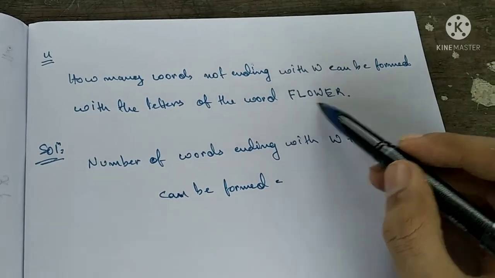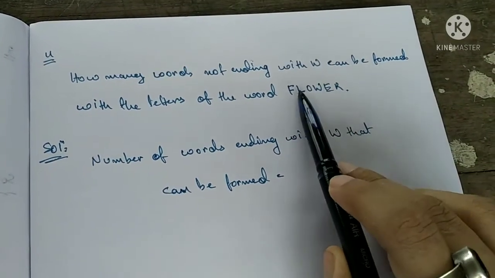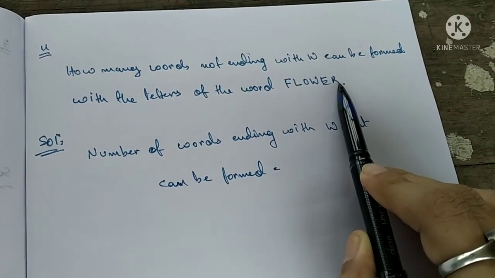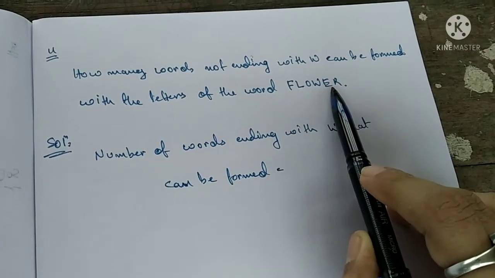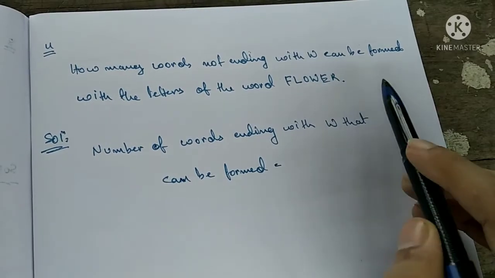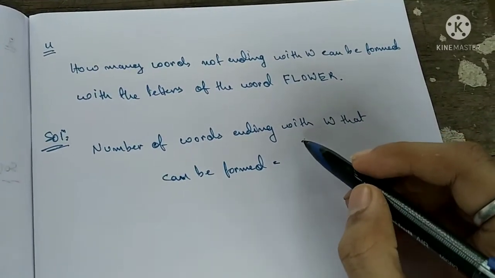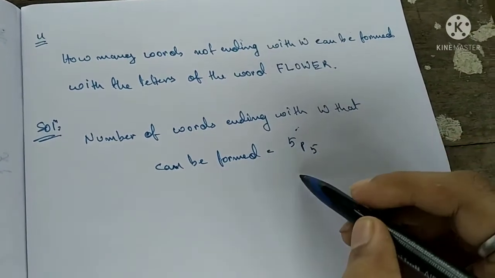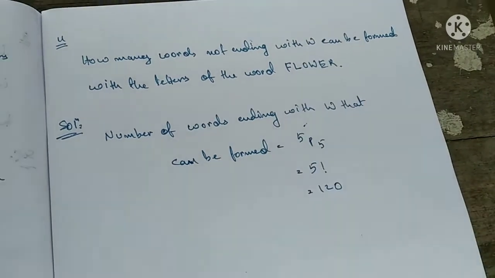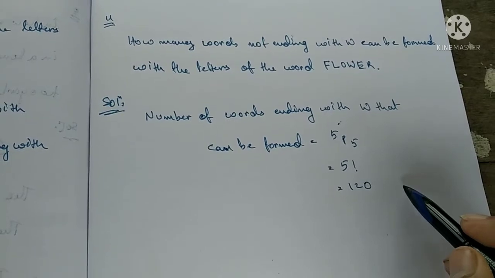So if the word ends with W, then available letters will be 1 2 3 4 5. 5 available letters, and there will be 5 available places. Yes, 1 2 3 4 5, 5 available places. So therefore, number of words ending with W that can be formed will be 5p5, which ultimately is 5 factorial, which is equal to 120. Finished? It is equal to 120.